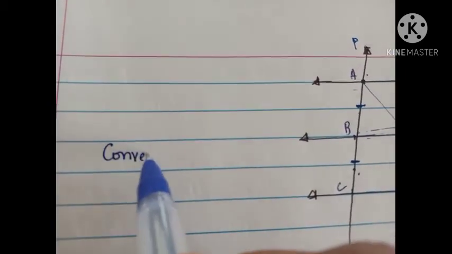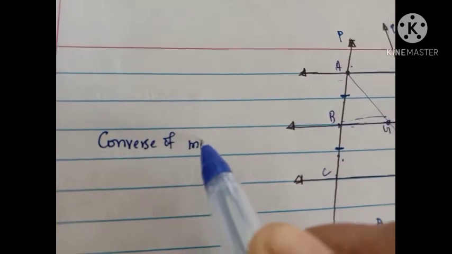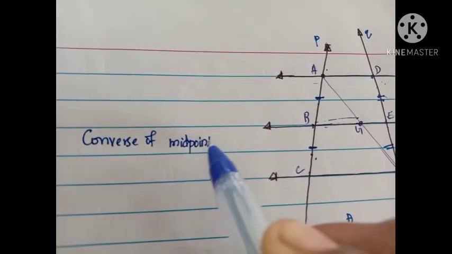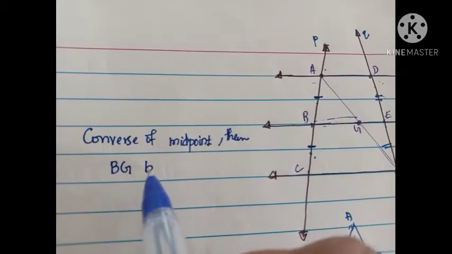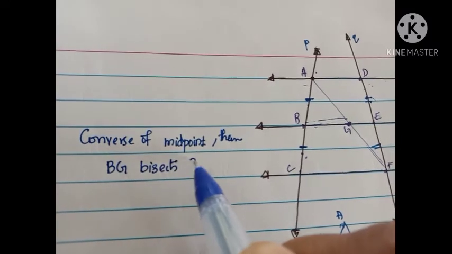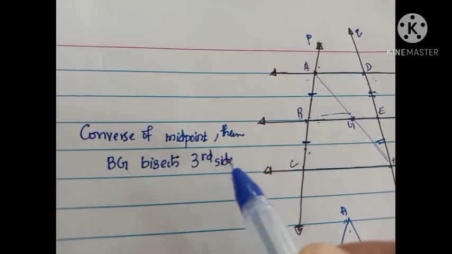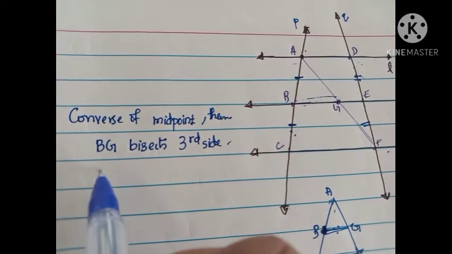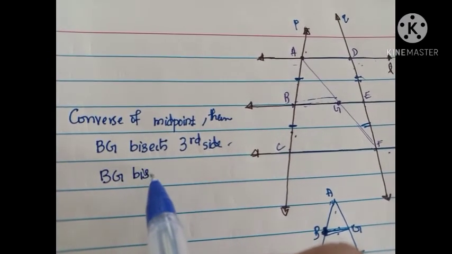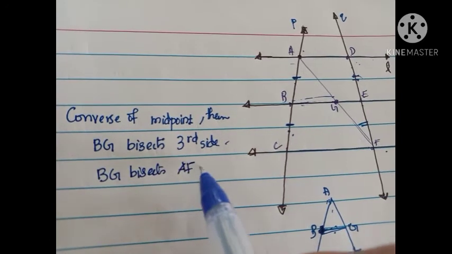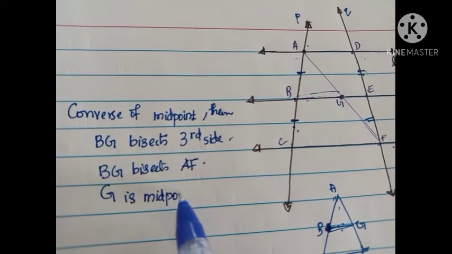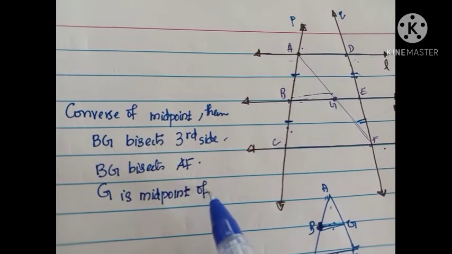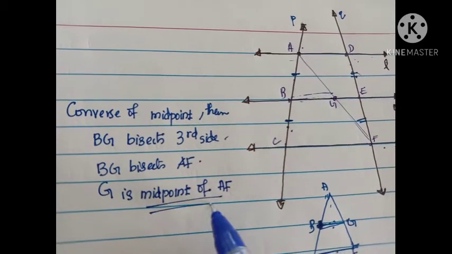Therefore, by the converse of the midpoint theorem, we can say that the line BG bisects the third side. What is the third side in this triangle? AF. That is, BG bisects AF, or we can say that G is the midpoint of AF.